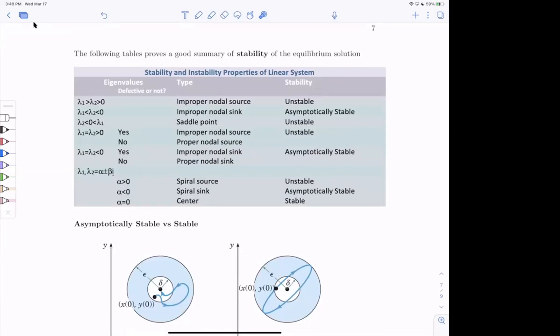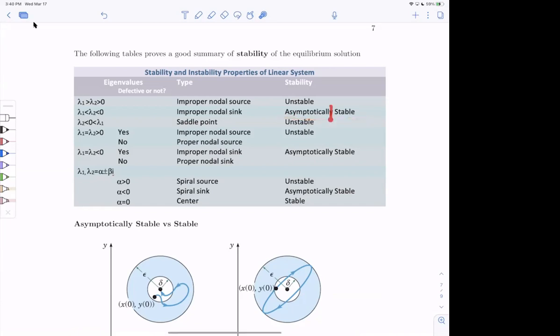So based on your eigenvalue, you can tell the type of those, and then the stability of those. I checked your textbook and your lecture. They didn't talk about asymptotically stable, but I'll just tell you that it's a kind of stable.